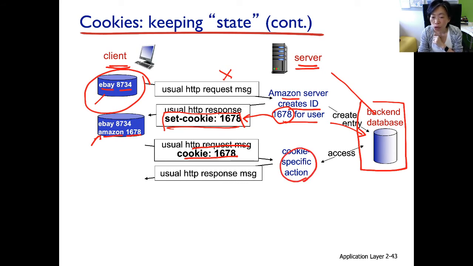The server here will be generating the web objects, generating the HTTP response message that you're requesting with the request message. But the response message might also contain additional content.